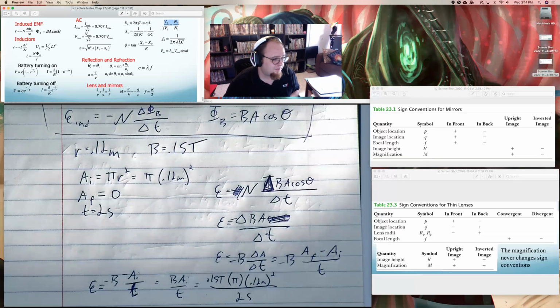What about like C is lambda frequency? Are we even going to touch that? Because I know we touched on it in previous chapters and on the last exam more, like in reflection and refraction. Are we really going to touch on wavelength, frequency, that stuff? I'm not going to do much with wavelength and frequency.